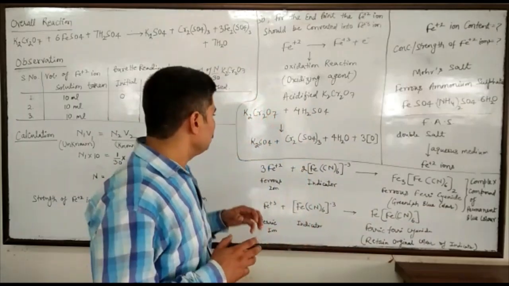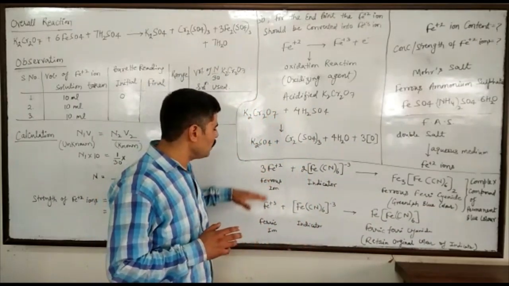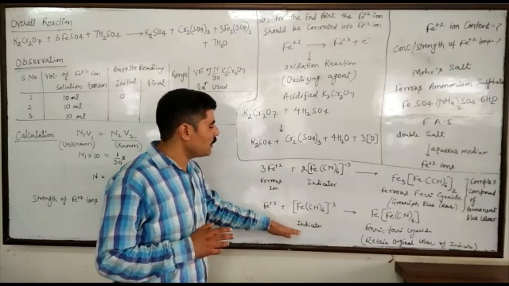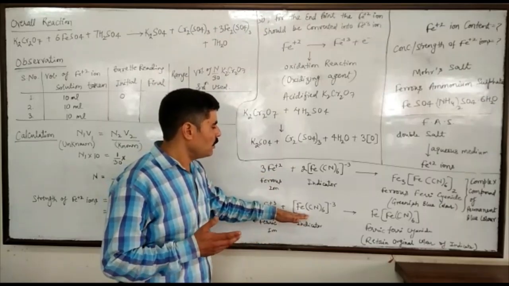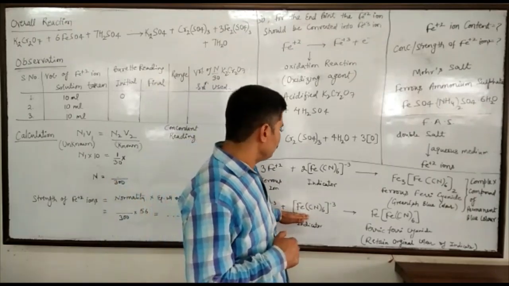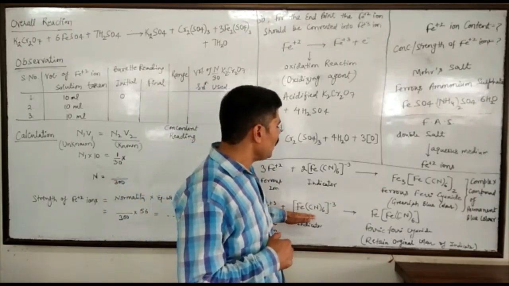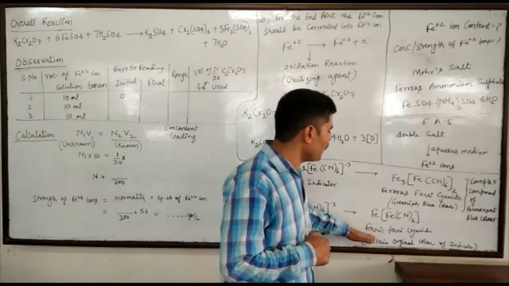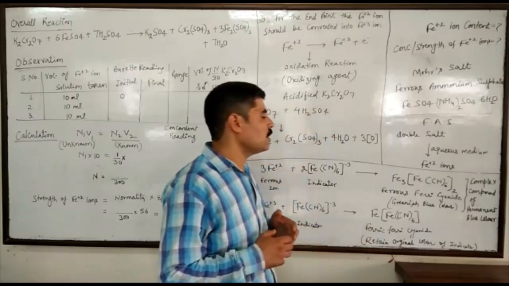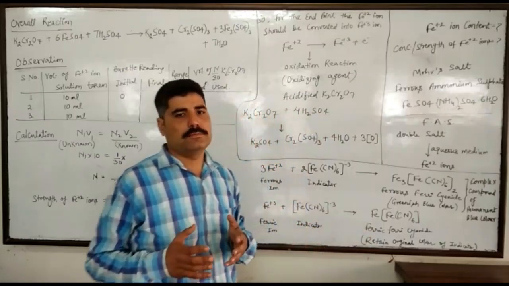Now, as compared to this, when ferric ion reacts with the indicator, potassium ferricyanide, it results in the formation of ferric ferricyanide. And this compound retains the original color of the indicator, that is the pale yellow color.